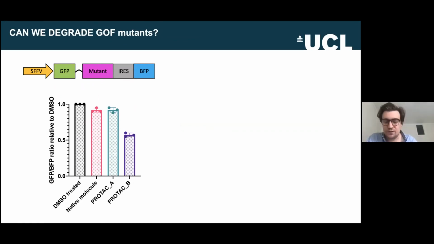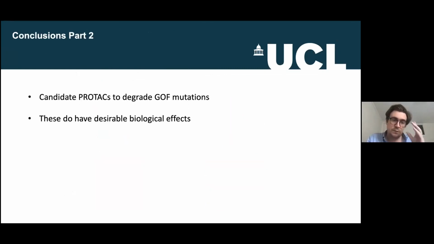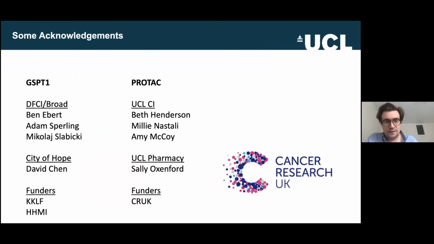But regardless of that, we are able to demonstrate a rapid response to these drugs with differentiation markers appearing, morphological evidence of differentiation, and a rapid expansion of cell numbers followed by cell death. So we're hopeful that some of these molecules might bear out in further studies. So just briefly, we have some new candidate PROTACs to target gain-of-function mutations, which do have desirable biological effects. I think I'll leave it there.